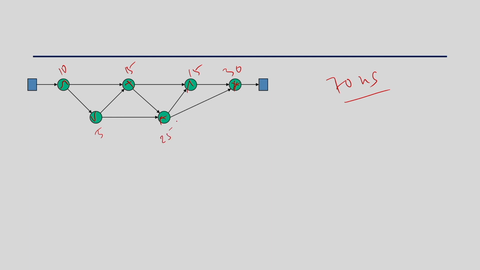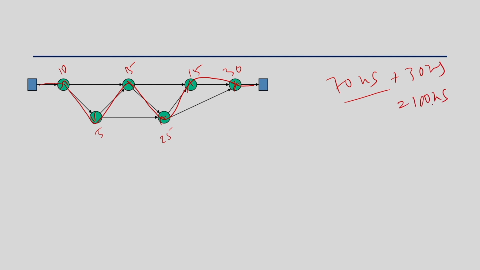The longest path here, you have to understand, is this one, and it involves all the nodes. You can add up the delay of all the nodes, which is basically 100 nanoseconds.